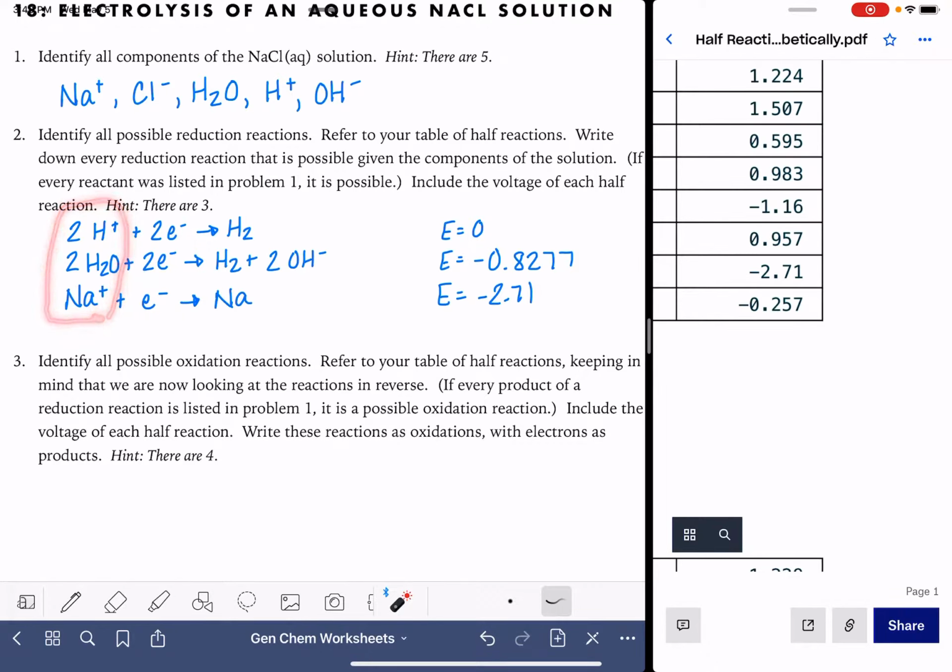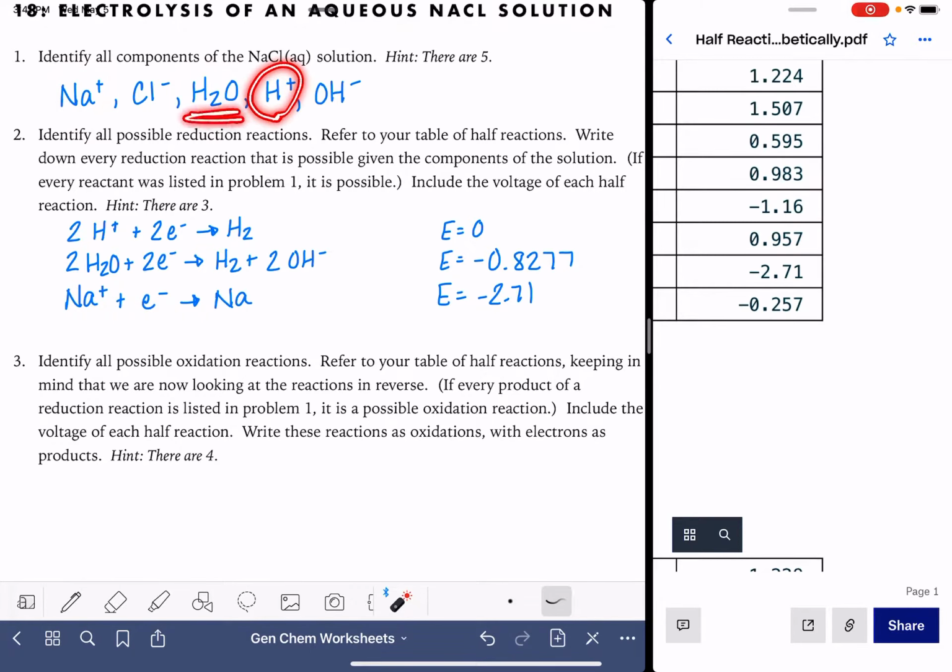In this particular solution, we have a lot of sodium, so that's definitely reasonable, and we also have a lot of water. That's reasonable. We have a very small amount of H+. The only source of H+ is the automatic dissociation of water, and that occurs at a really small amount. So the amount of H+ relative to the amount of water, or Na, is really small. And because of that, we're going to just eliminate it from consideration.